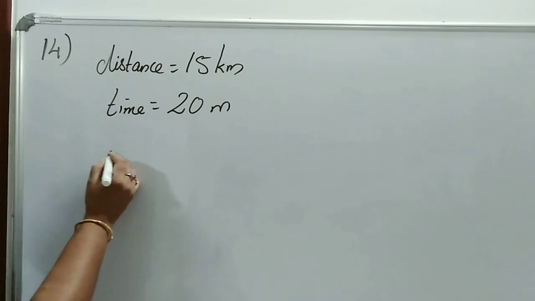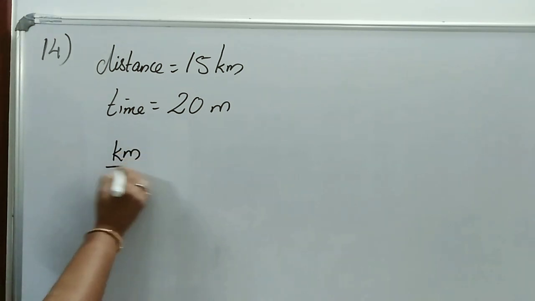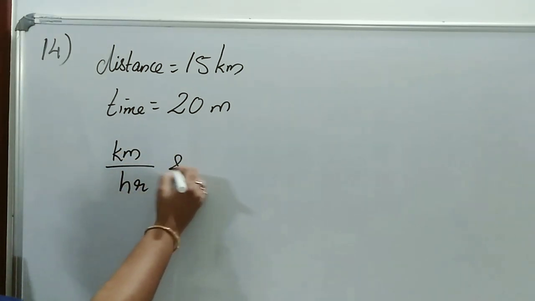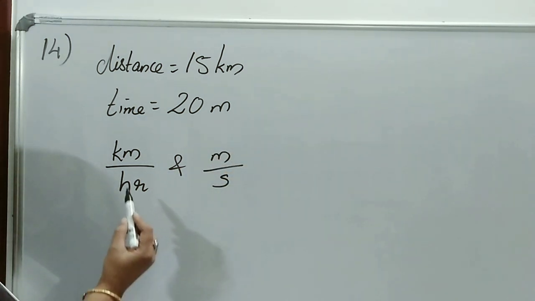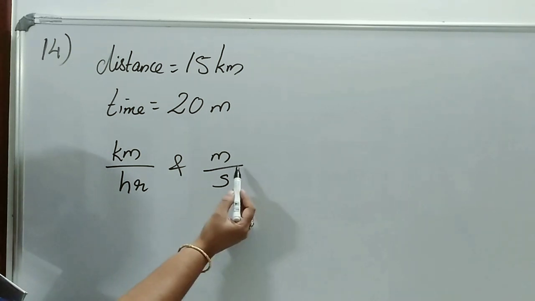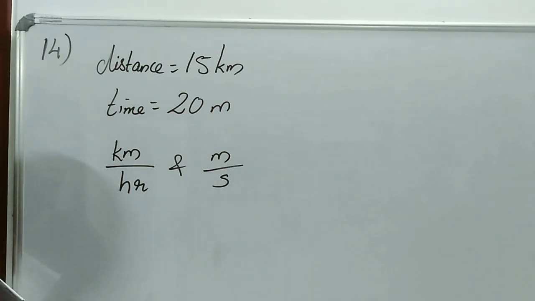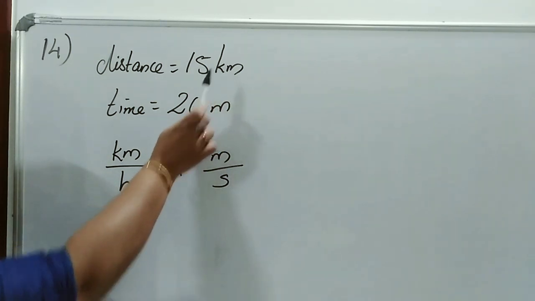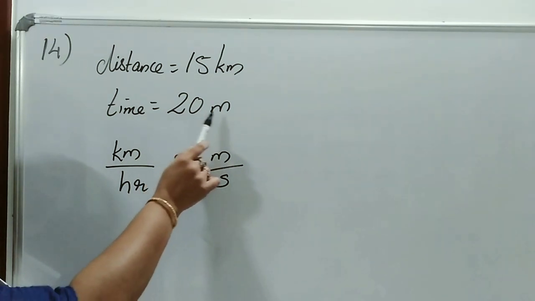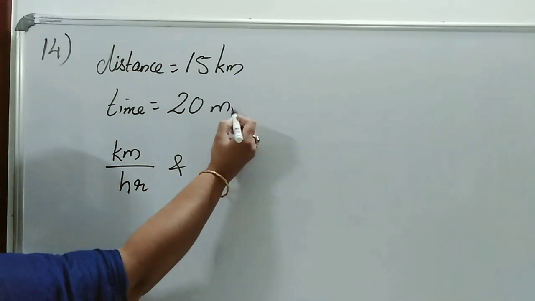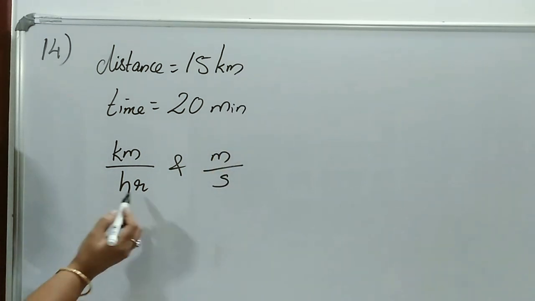We have to find speed in kilometer per hour and meter per second. So we have to find the answer in both kilometer per hour and meter per second. First, the distance is already given in kilometer. So what we have to do is convert time. Time is given in minutes. We have to convert it into hours.